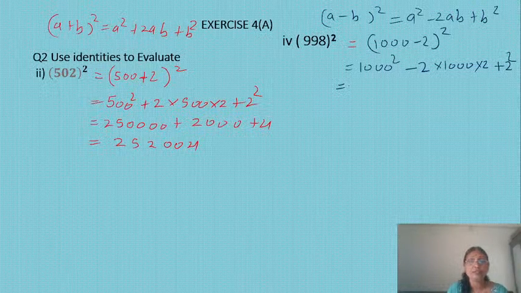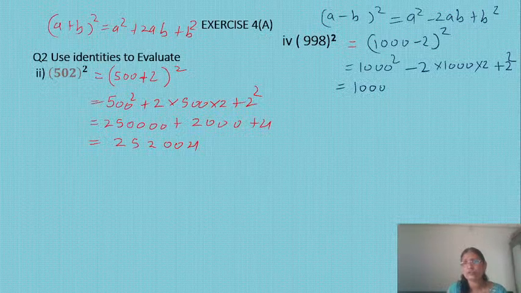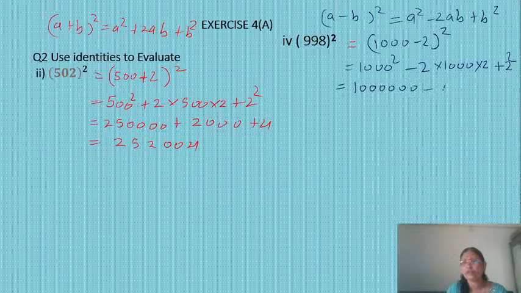In properties of squares, which we learned in grade 8, for 1000 square the number of zeros doubles, so 6 zeros, it becomes 1 million, minus 4000, and plus 4.